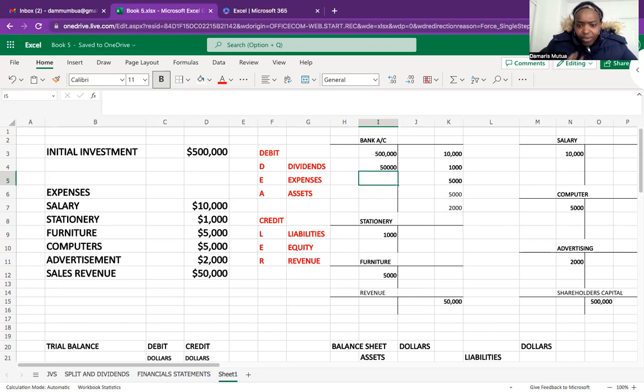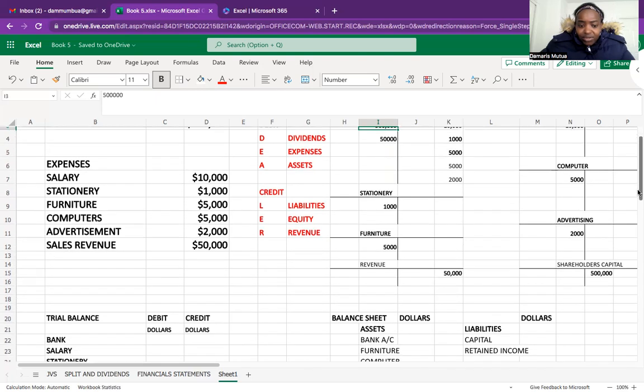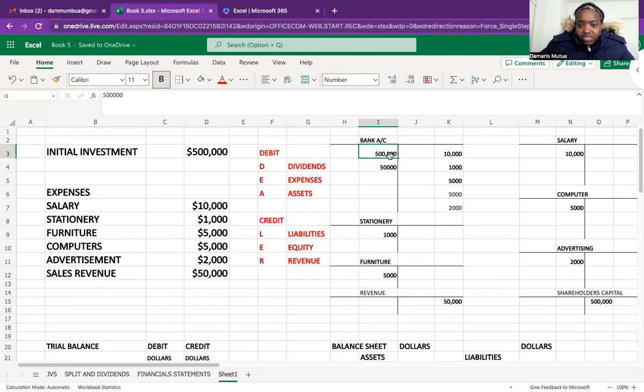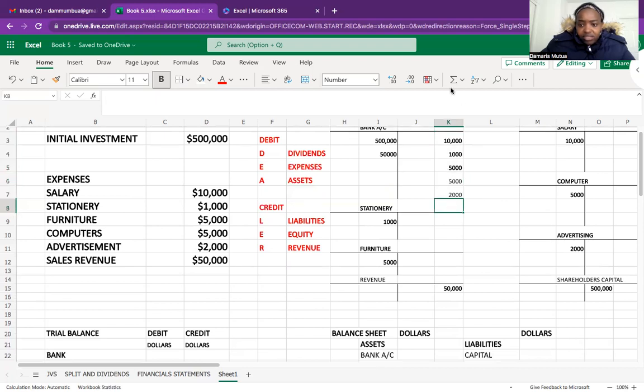Now we need to balance our accounts. We need to pick our balances from our T accounts to our trial balance. The first one is bank. We need to balance both sides. You can just get the balances and subtract, but let me get the total here and the total here.